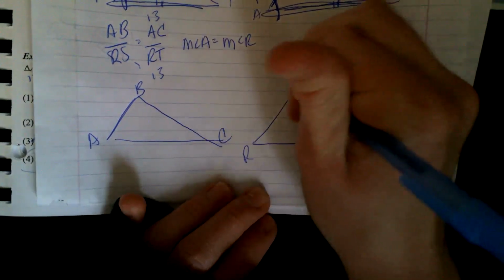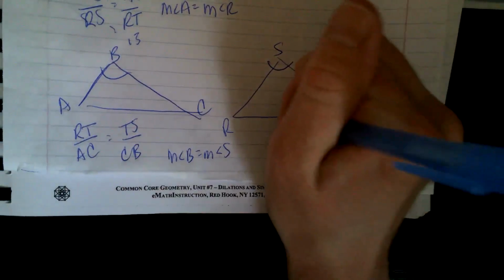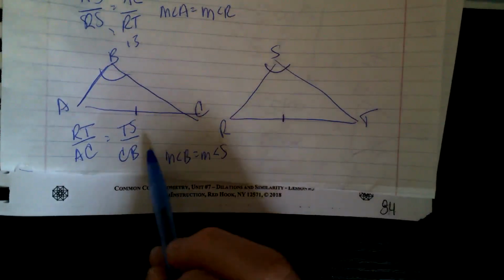So let's draw our diagram. Okay, so we have RT over AC. We have B is congruent to S. So that is true, yes. So we have RT over AC, and we have TS over CB.